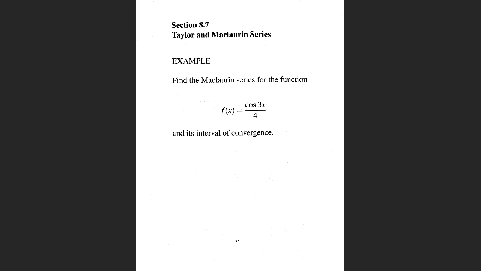Okay, so here we want to find the Maclaurin series for this function and its interval of convergence. The function is the cosine of 3x over 4. All right, so what do we have to do to construct the Maclaurin series for this function? What's the first step?